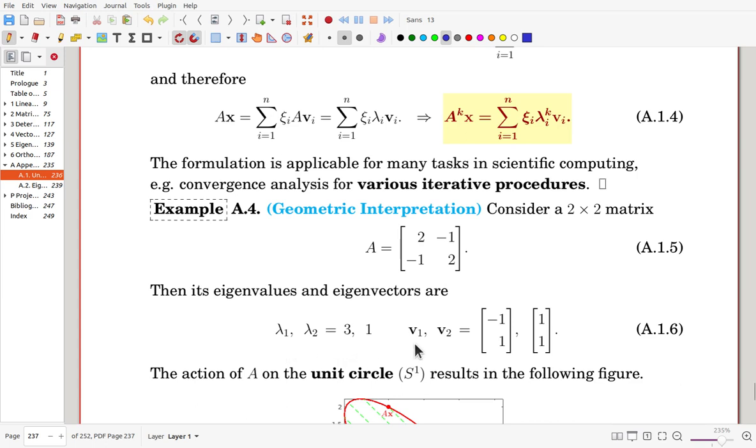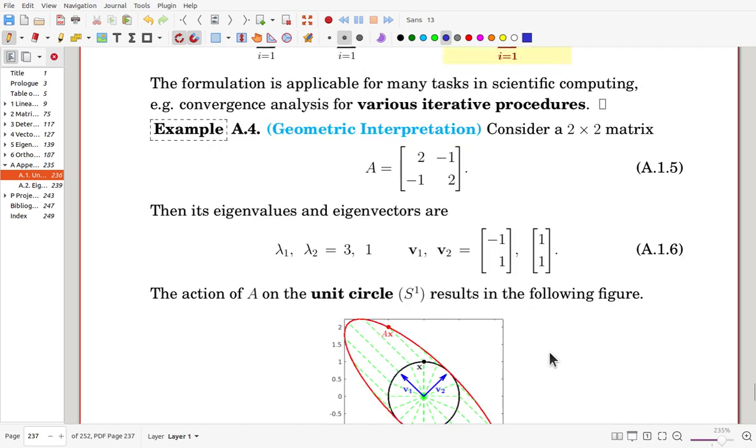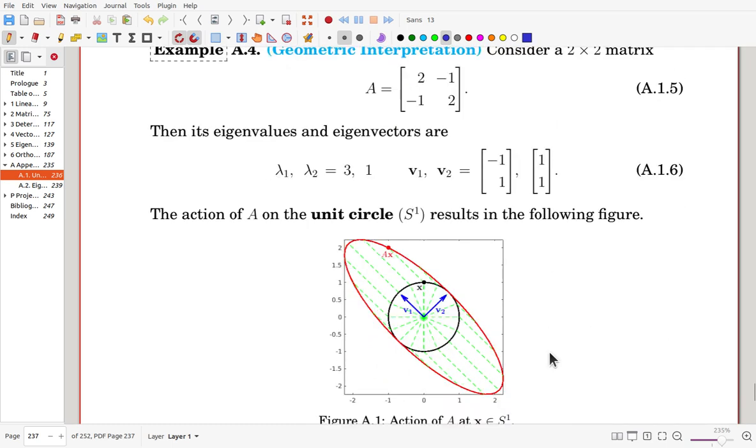The corresponding eigenvectors are v1, minus 1, 1, and v2, 1 and 1. Now we'll consider the action of the matrix A on the unit circle, the circle of radius 1 centered at the origin.